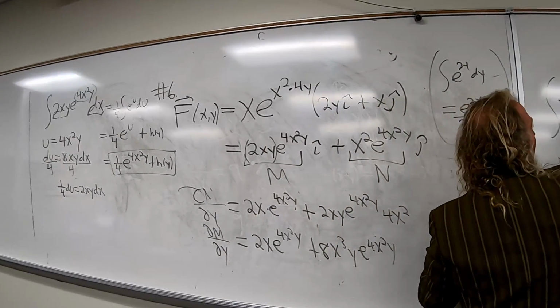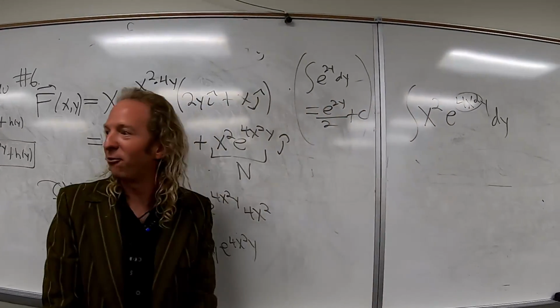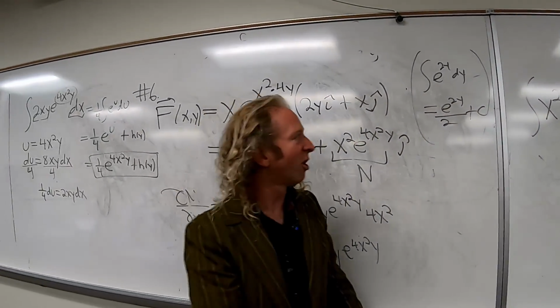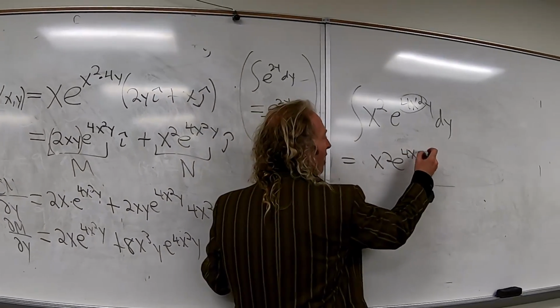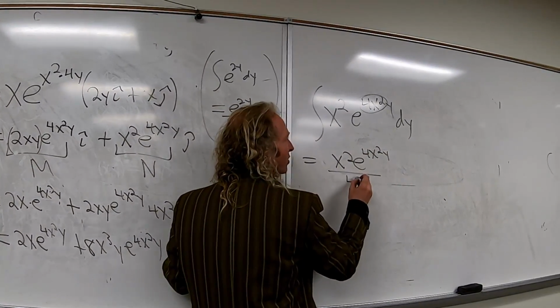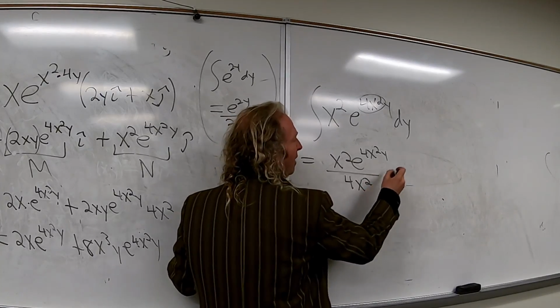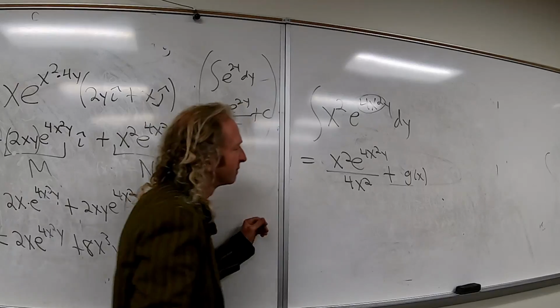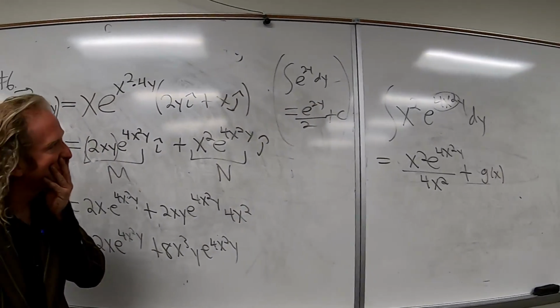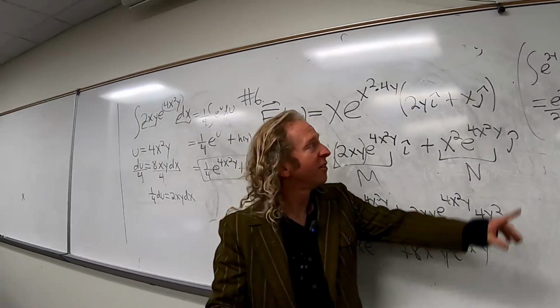Well, guess what? 4x squared is a constant, right? So all we do is we get x squared e to the 4x squared y over 4x squared, plus g of x. No, think simple.